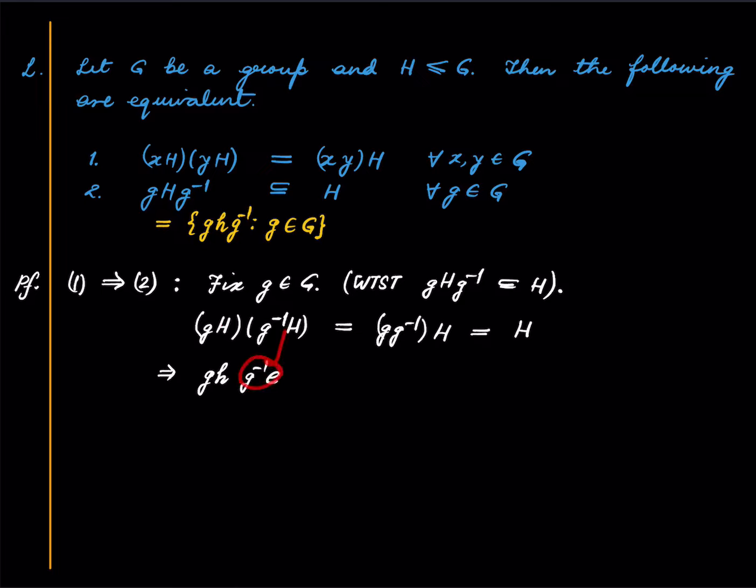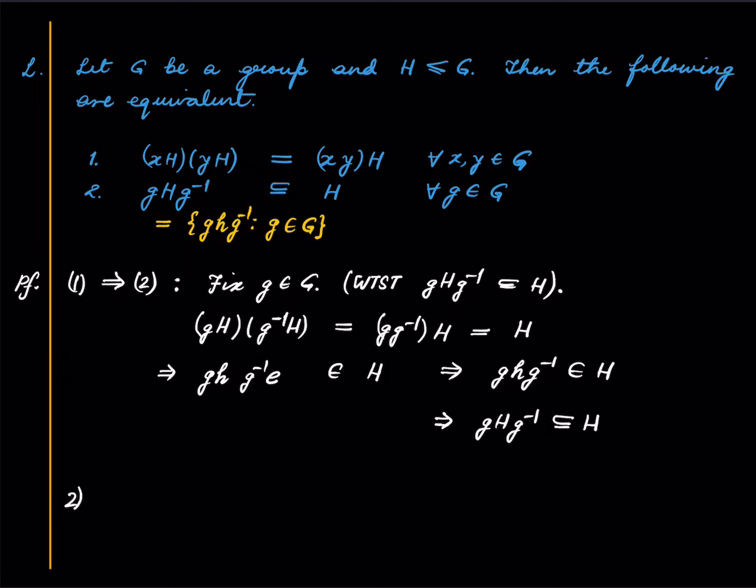So this is a member of that thing, and therefore this product is a member of that. This belongs to capital H, which implies g h g inverse belongs to capital H. So here little h was completely arbitrarily chosen in capital H, and we concluded that this is the case, which just means that g H g inverse is contained in H, and therefore two holds.